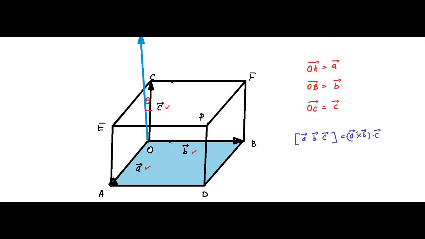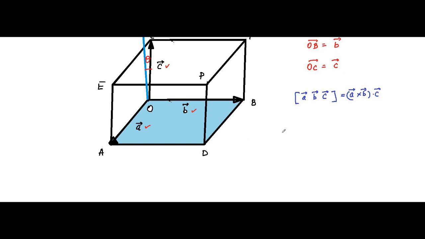Now here A vector cross B vector represents the area of the base of the parallelepiped. Okay, the area of the base of this three-dimensional structure.